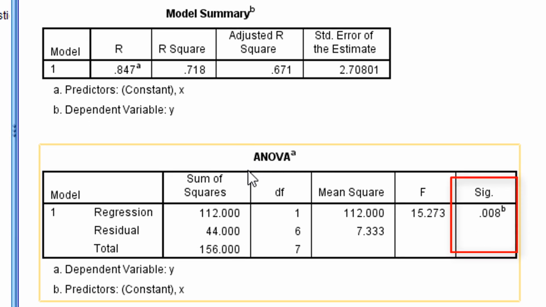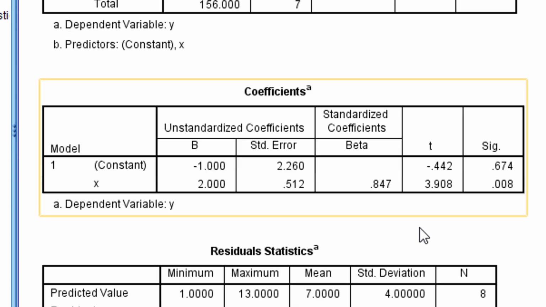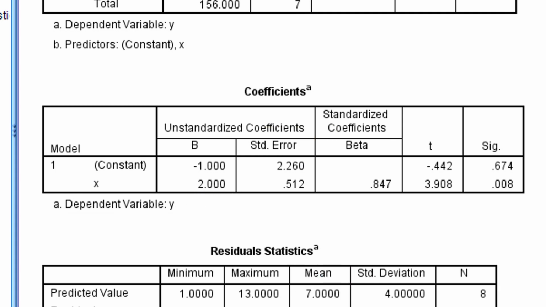If you see this ANOVA, and you can see the coefficients table, and this shows us this is the constant, -1, and this is the beta 1, that is the regression coefficient of the independent variable x, and that is 2.